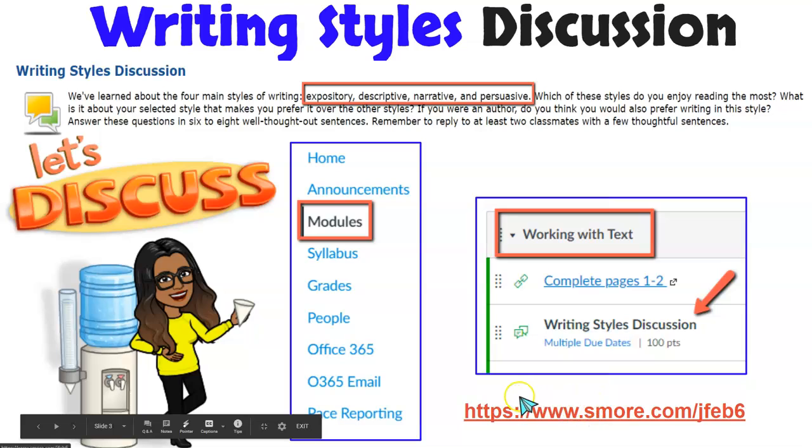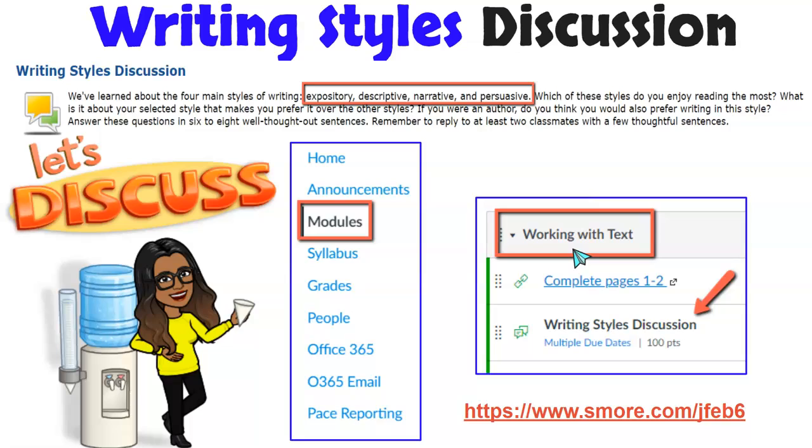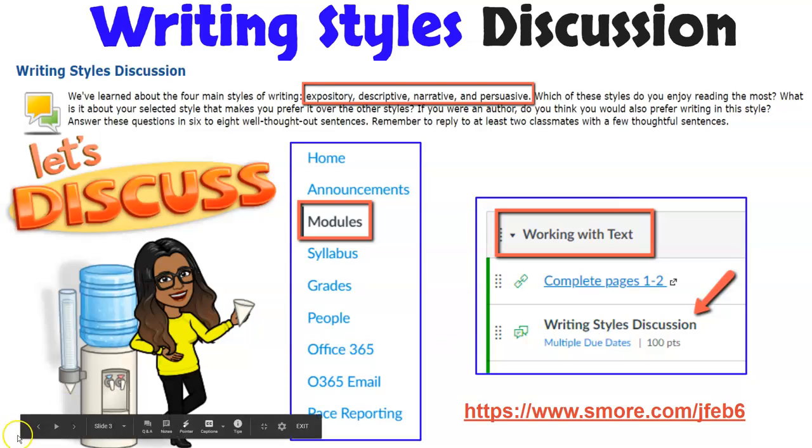To locate your discussion, select the Modules tab within Canvas, locate the name of the module, Working with Text, and then select Writing Styles Discussion. Then you're able to respond to the original post and reply to classmates.